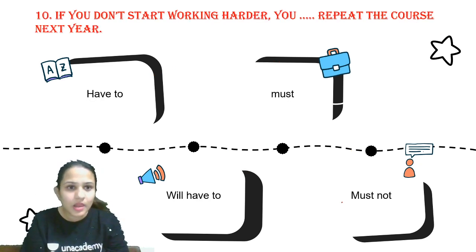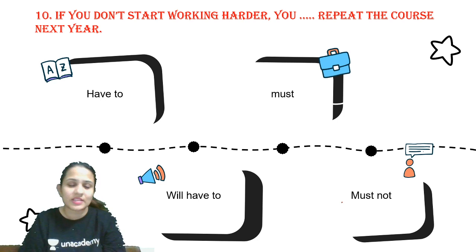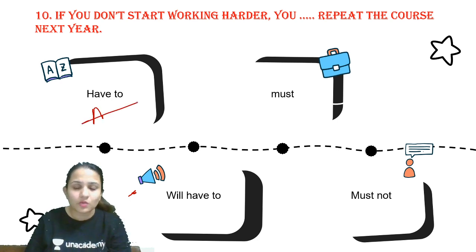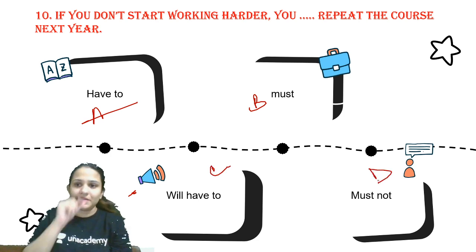Next question. If you don't start working harder, you dash repeat the course next year. If you don't start working harder, you have to repeat your course next year. You must repeat your course next year. You will have to repeat your course next year. You must not repeat your course next year.